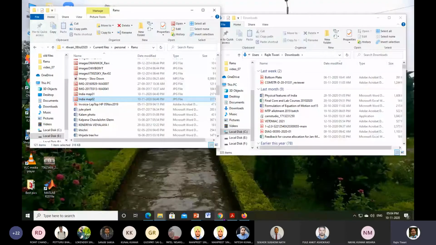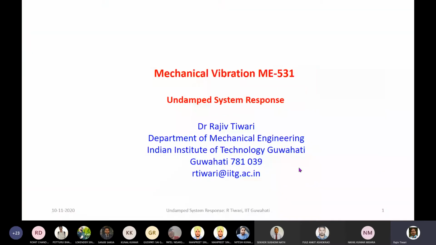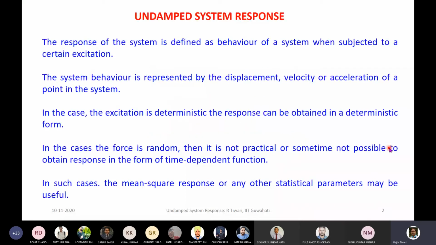Here also we will be talking about the undamped system or the force response. In this, the response will be in a general sense, in that we can have the response due to initial disturbance, that is the transient response, or the response due to a steady state force.